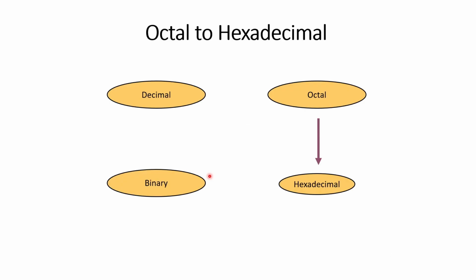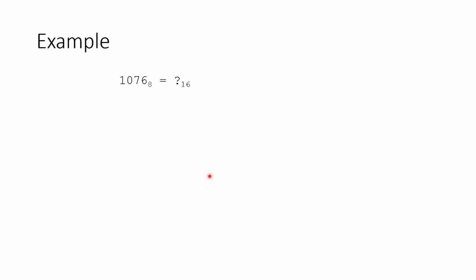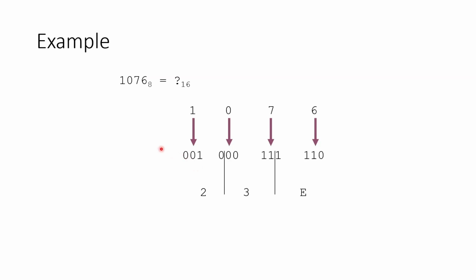And now we are going to see octal to hexadecimal. So the technique is to use binary as an intermediary. So you are going to convert from octal to hexadecimal. You can do one thing: convert this number to binary first, then convert it to hexadecimal.